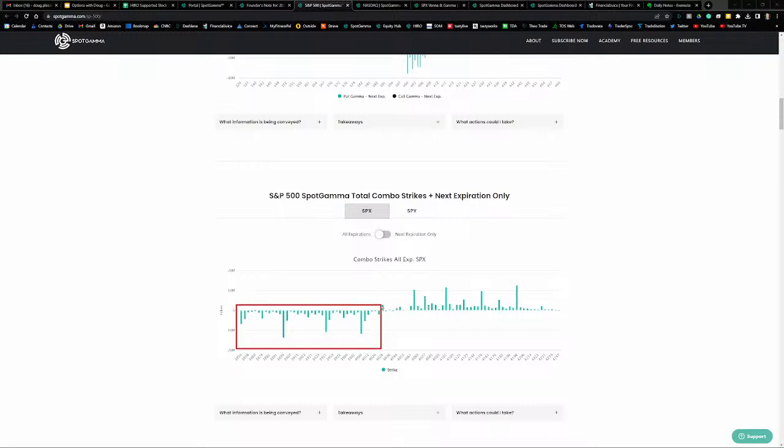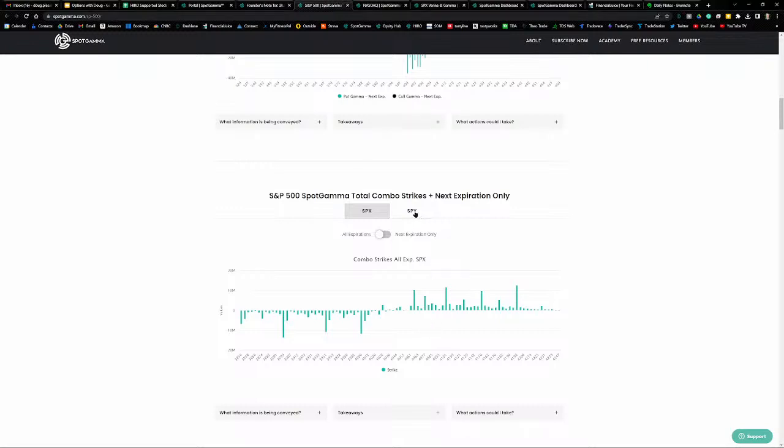Below that level, there's no call gamma, only put gamma, and above that level there's mostly, 99%, call gamma, just a little bit of put gamma. And notice how that lines up with the volatility trigger.